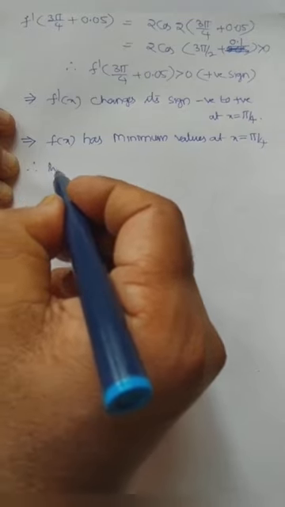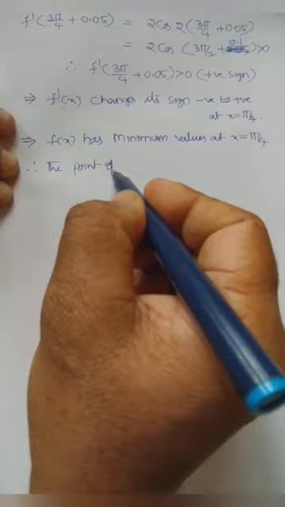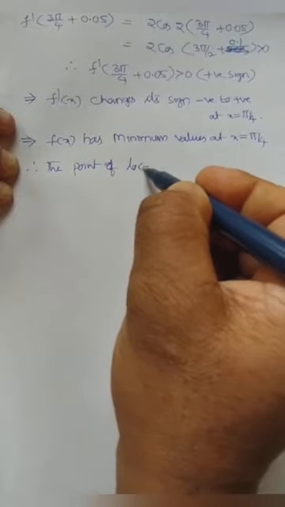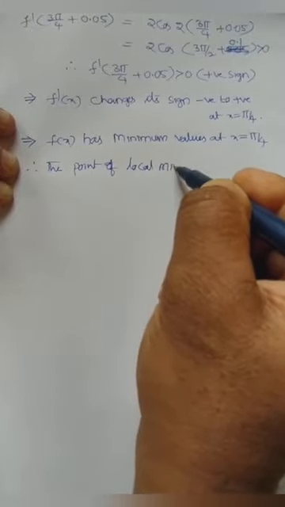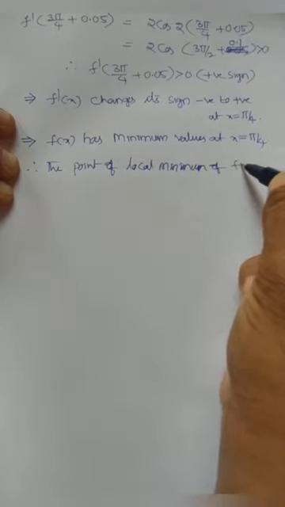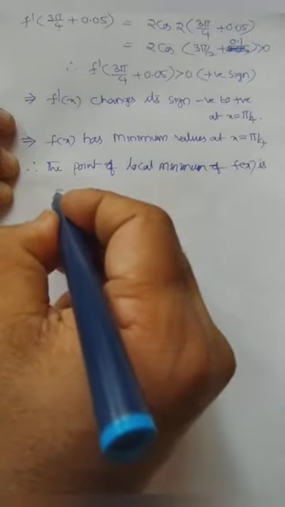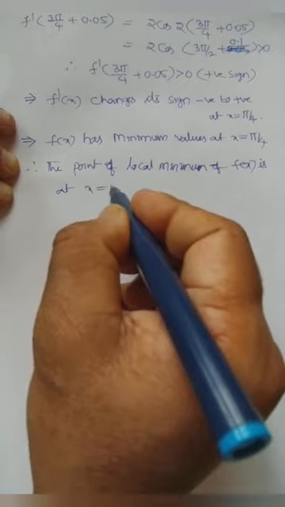Therefore, the point of local minimum of f of x is at x equals 3 pi by 4.